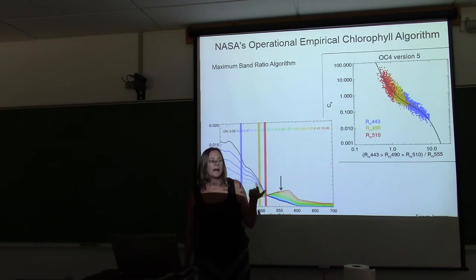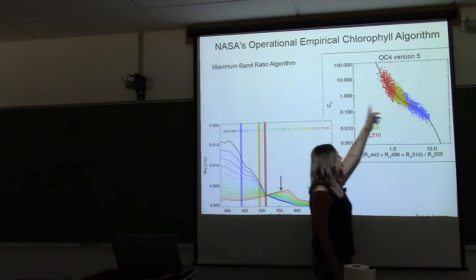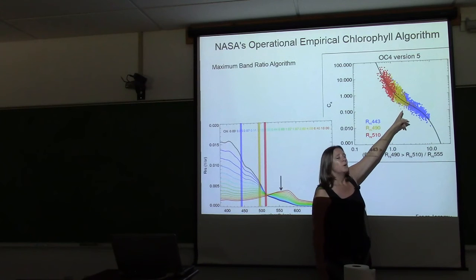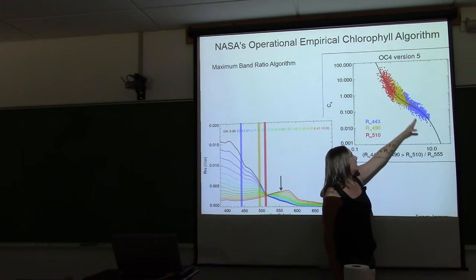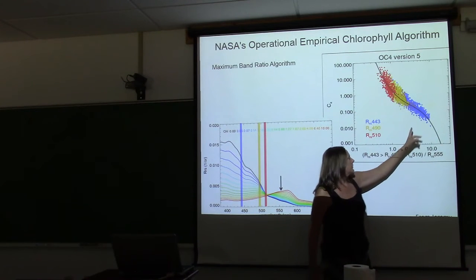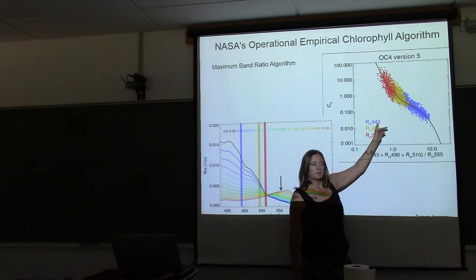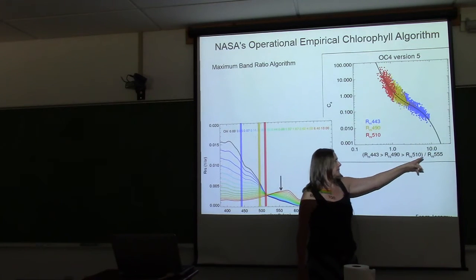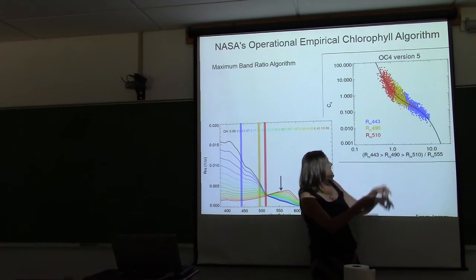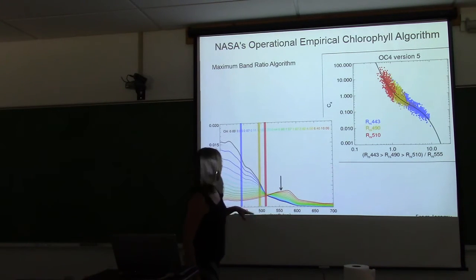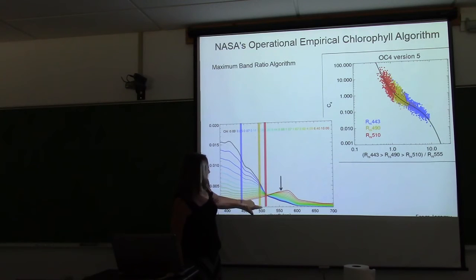How many points had that match between chlorophyll and the ratio? Here what I've shown you is which ratio you're looking at and where that shows up on this graph. So these points are where the maximum ratio is 443 to 555. Okay? This one up here is when 510 to 555 is the maximum ratio.